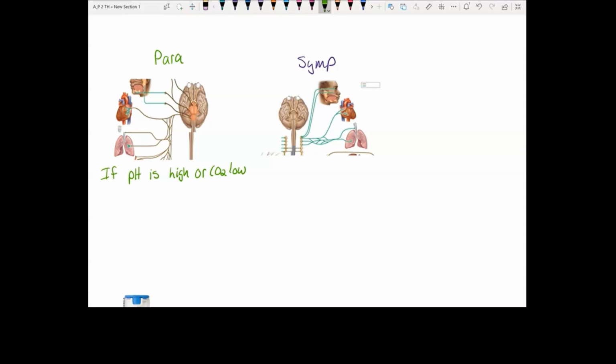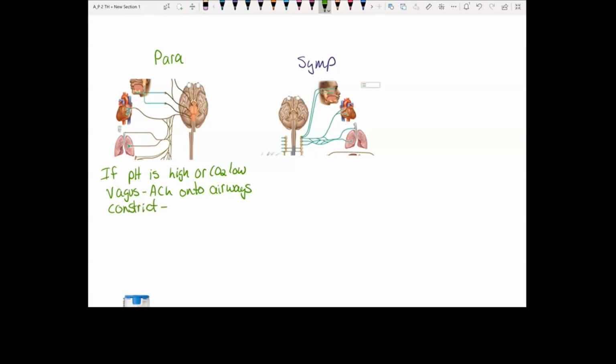Okay, so if your pH is high or your carbon dioxide is low, then your vagus nerve will secrete acetylcholine onto your airways, and they will constrict.